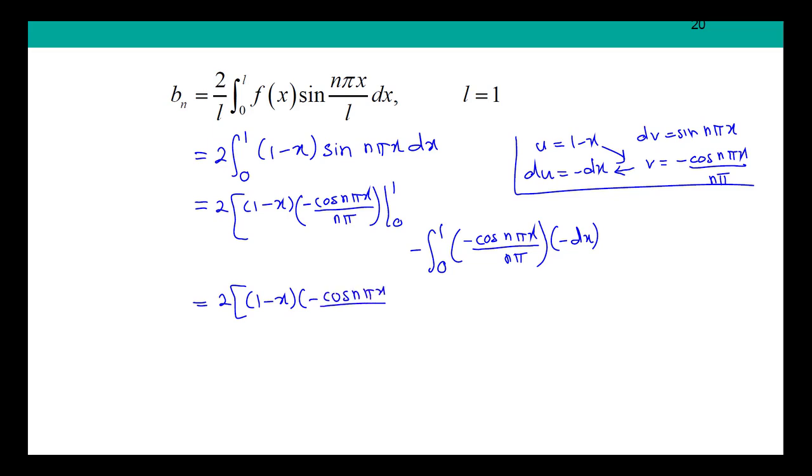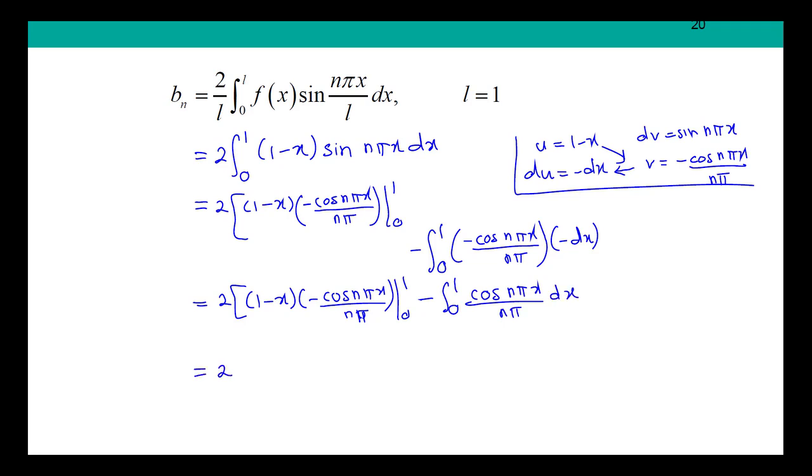So integrate from 0 to 1, v du, okay, equal to 2, (1 minus x) negative cos n pi x divided by n pi from 0 to 1, and then integrate. Okay, minus minus we will get, and then minus again. So minus from 0 to 1 cos n pi x over n pi dx.